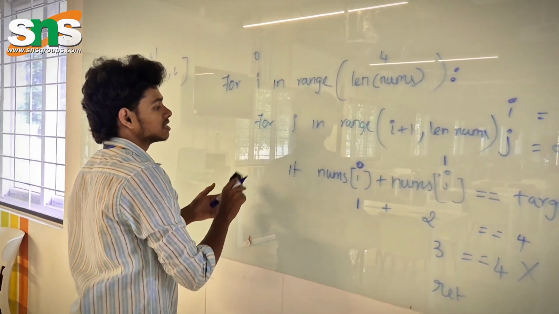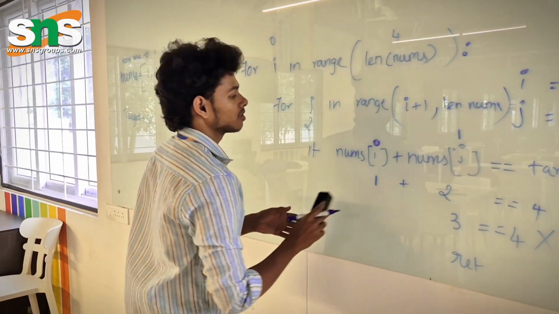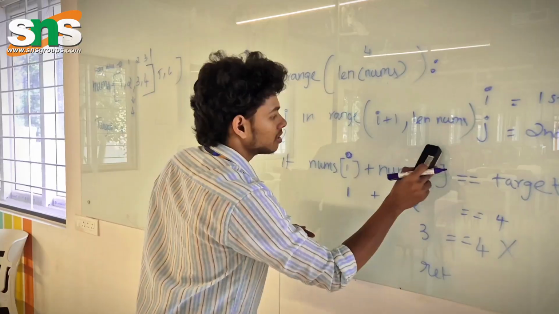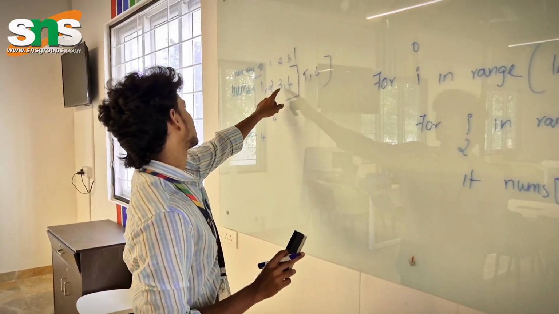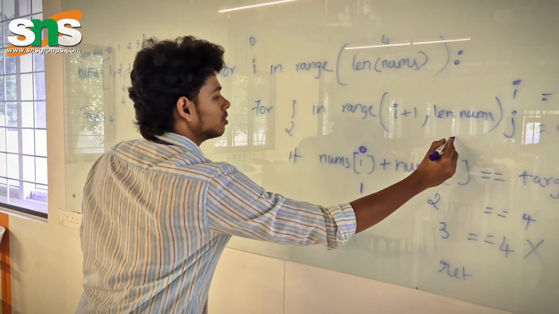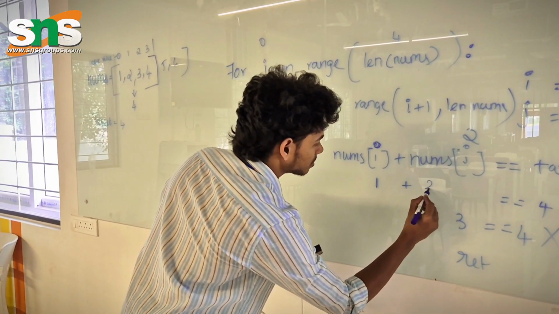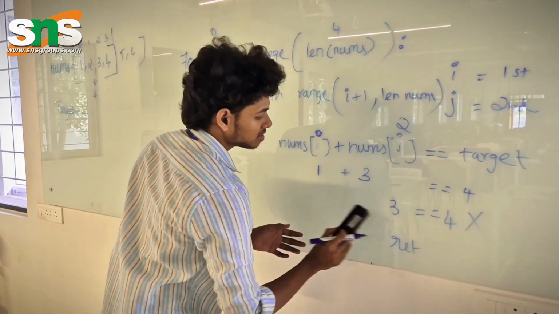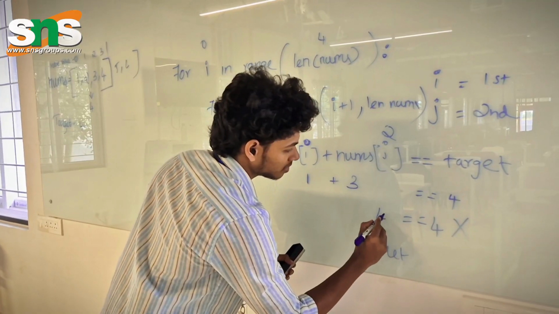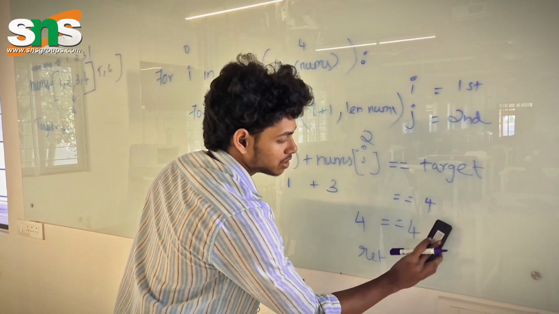j will go to the next index, that is 2. The i remains the same. The j will take the second index value, that is 3. So it will check whether 1 plus 3 is equal to 4. Yes, it is the valid solution.